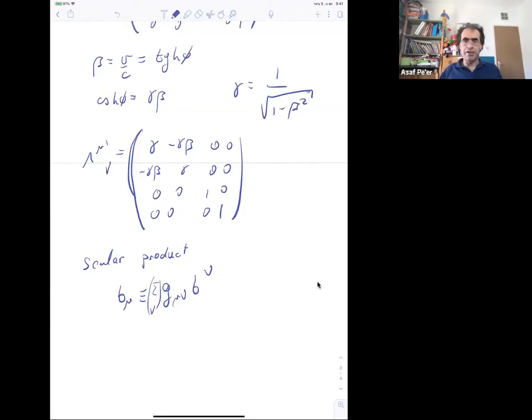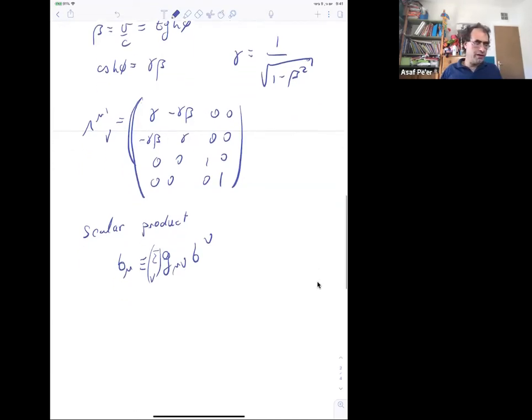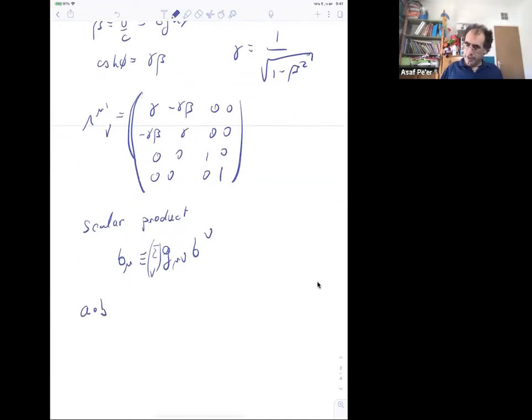But since G is such a simple matrix, it doesn't really cause us much trouble. And then the scalar product between any two 4-vectors, A dot B, is just defined as A mu B mu. So it's A0 B0 minus A1 B1 minus A2 B2 minus A3 B3. These are the components, right? A0 is the zeroth component of the vector A.